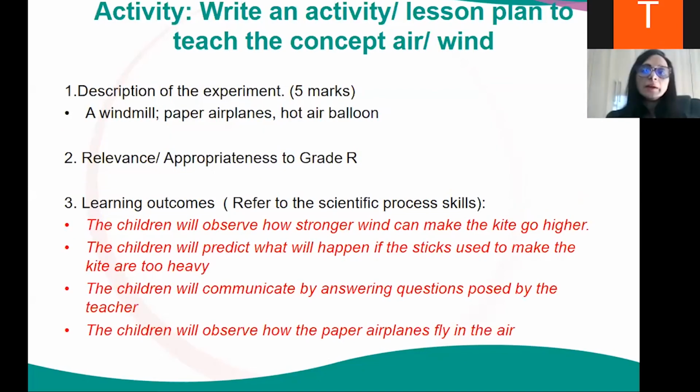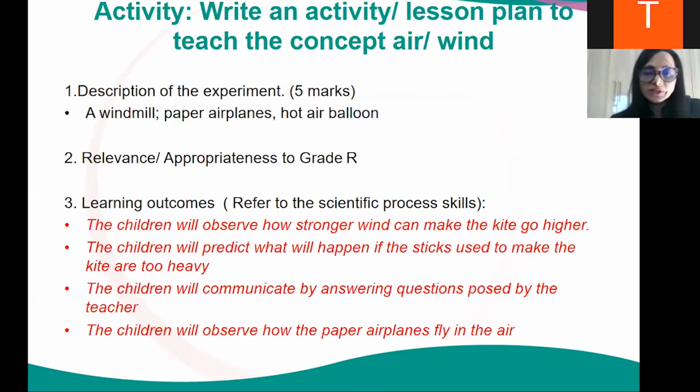Now, this is an example of an activity, and this is how I would like you to structure your assignment 2. Description of the experiment, there are 5 marks there. Here I want you to explain what your experiment is about.